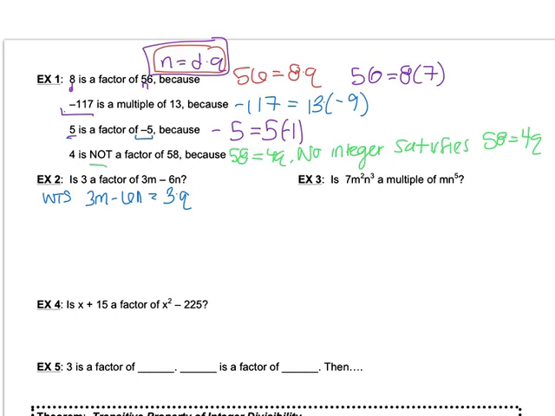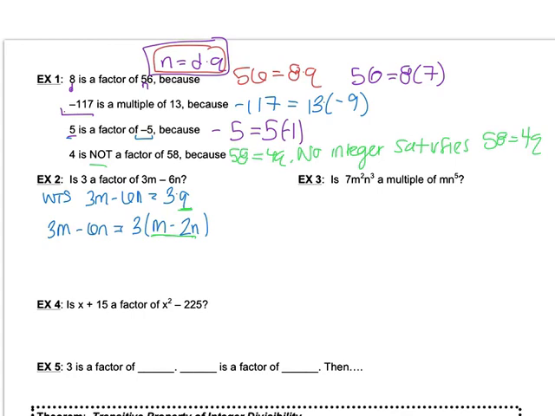So we can do that because we know that 3m minus 6n really equals 3 times m minus 2n. So is that enough? Can we be sure that this is an integer? Because that's what we needed. That's our q. Is m minus 2n an integer? Well, I did a bad job in this example because I didn't say that m and n were integers, but they are.